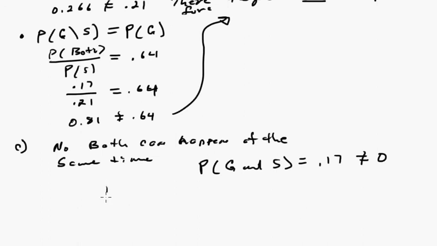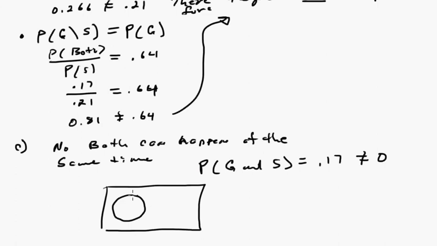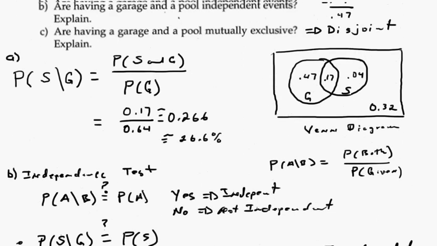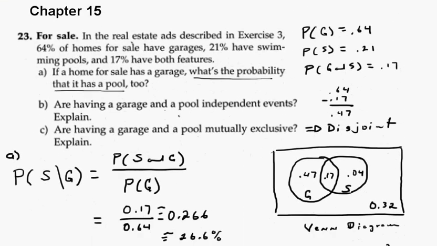Remember that mutually exclusive or disjoint events would be a situation where all the houses either have a garage or they all have a pool, but they don't have both. Okay, that's how you do this problem. I hope that helps. Good luck.